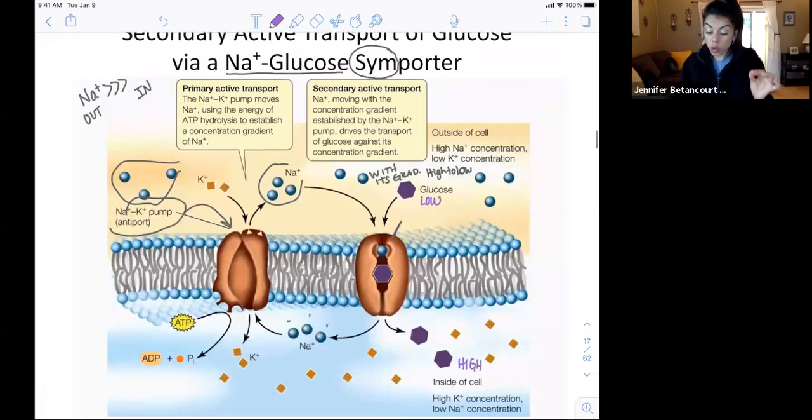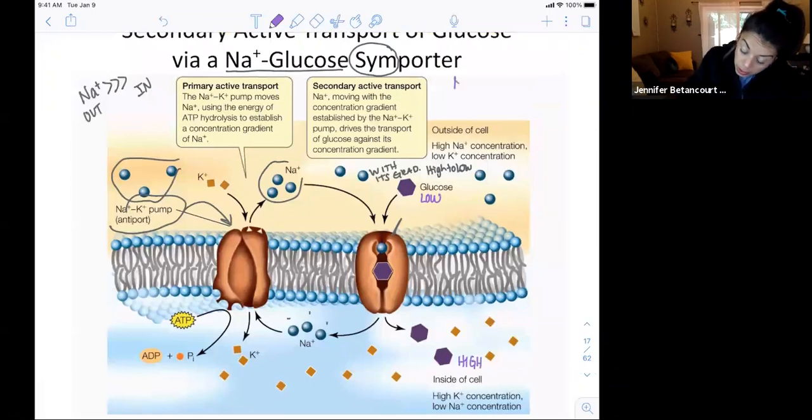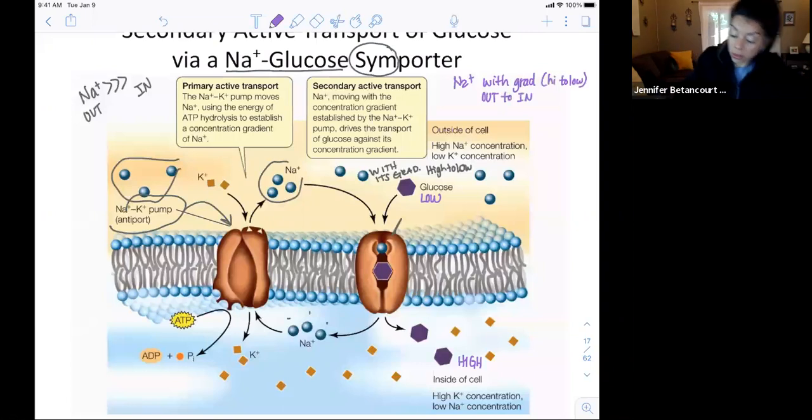So in the secondary transport, we say sodium is traveling with the gradient from the exterior, the extracellular region, to the intracellular region. If it's going with the gradient, it's going from high to low. The gradient is the driving force that allows the pump to transport glucose against its gradient, and that means from a concentration of low to high.